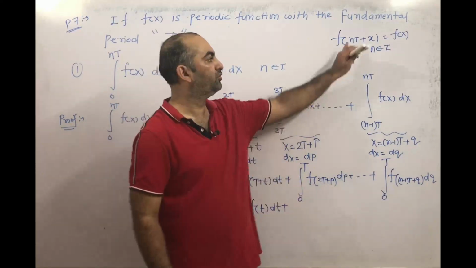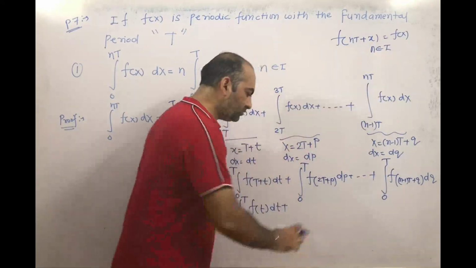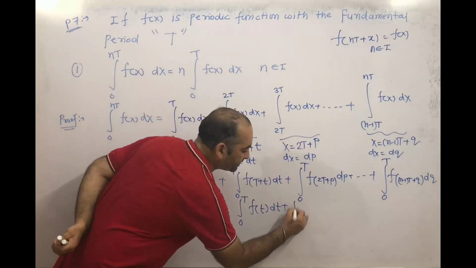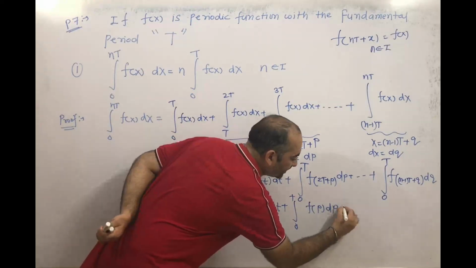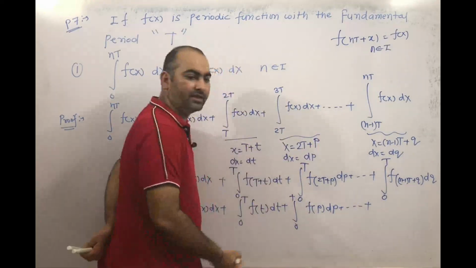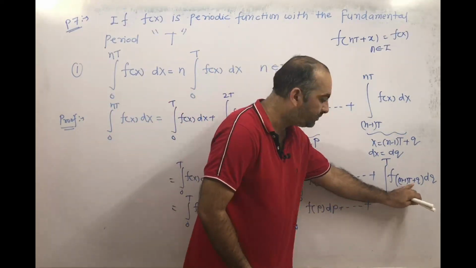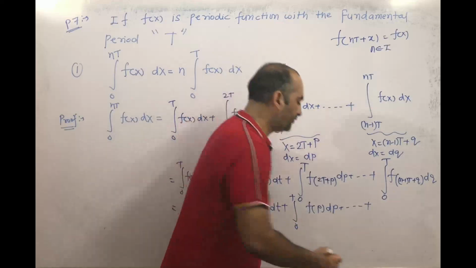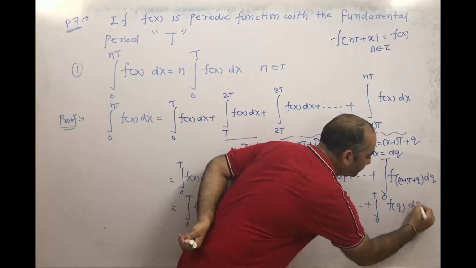So n value if you put 2 here, f of 2T plus x is f(x) only. So here also if you use the property, plus 0 to T f(p) dp, plus dot dot dot, plus similarly here also f of (n minus 1) capital T plus q, this one we can write f(q). So this will be 0 to T f(q) dq.